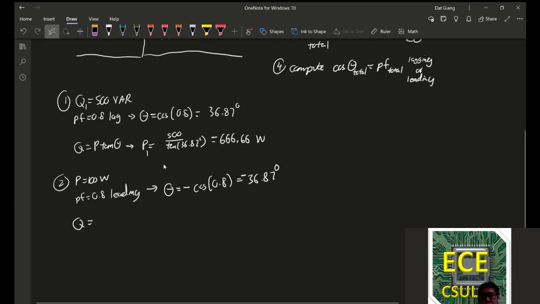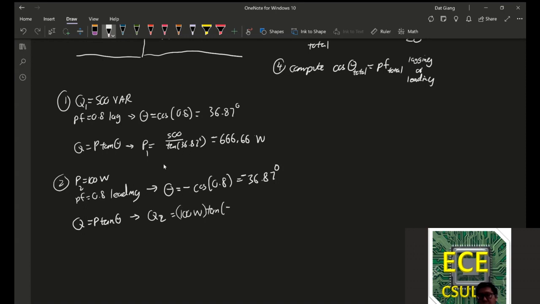So that means that Q being equal to P tangent of theta is going to be Q2, equal to 100 watts times tangent of negative 36.87 degrees.